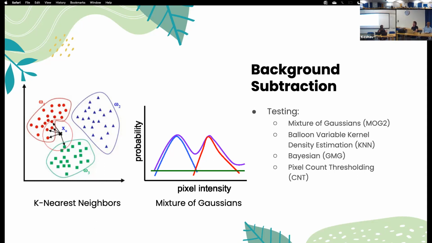I can go into more detail on this later if any of you have questions, but most of them work by using some method to create a background model and subtracting it from every frame.